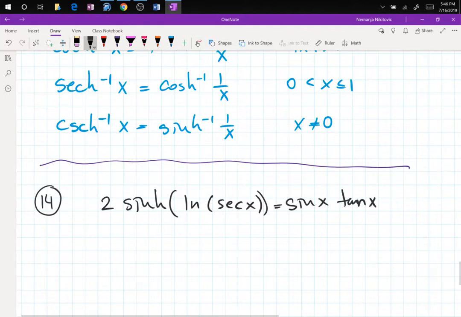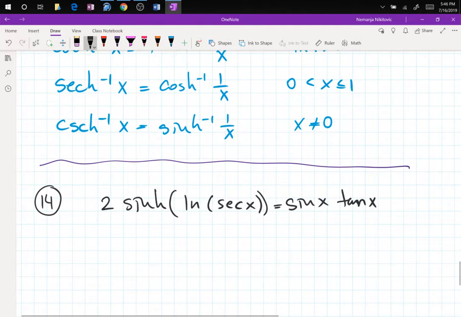Where do we start? Replace sine hyperbolic with these, and the exponents are these ln's. Then e kills ln's, and you just have trig to massage to make left side equal to the right side.